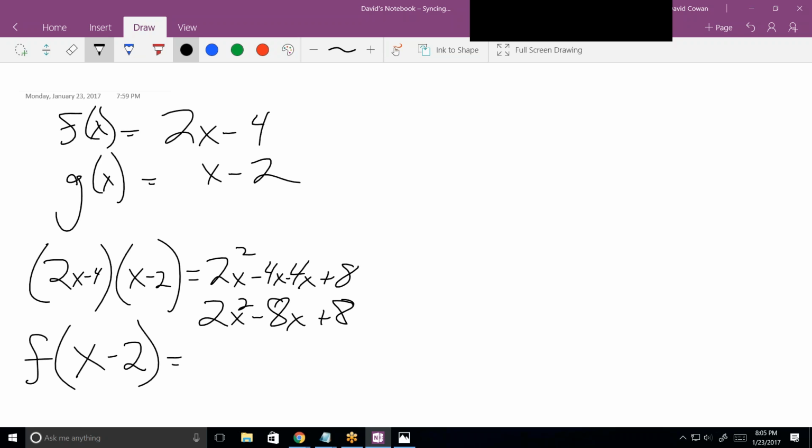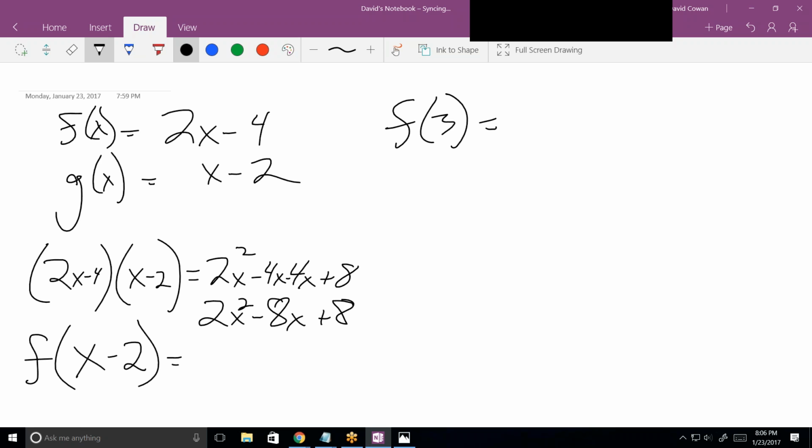How do you figure it out? You do 2 times 3 minus 4. In other words, whatever's in the parentheses, you plug in for x.